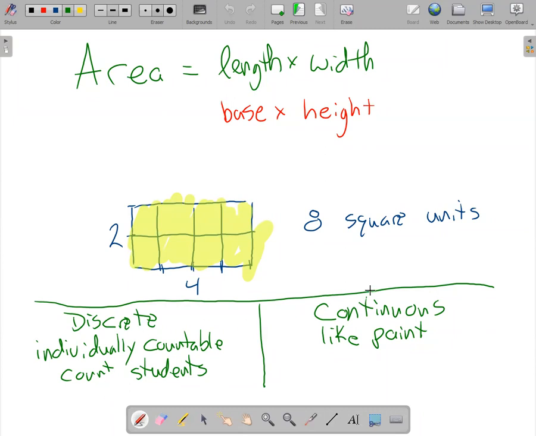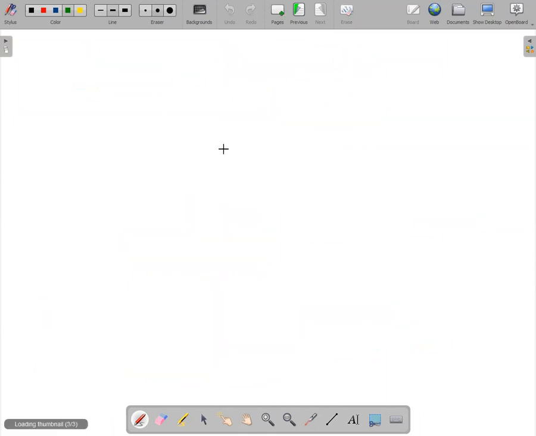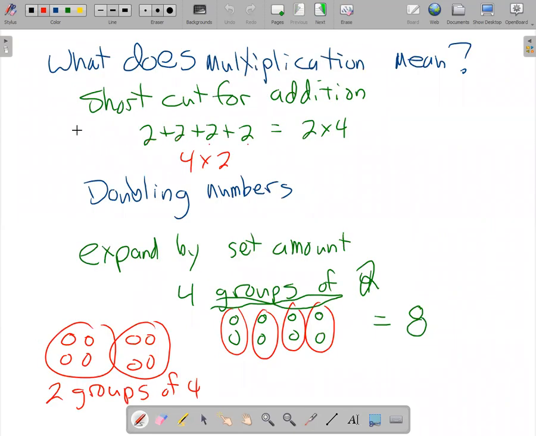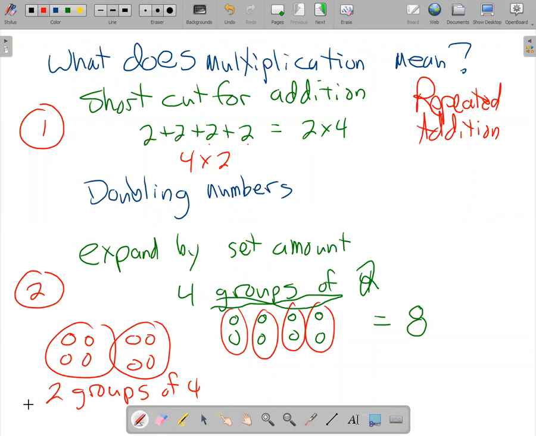Okay, cool. So we've got a few different models right now, so I'm just going to number these. Let's say our repeated addition here is model number 1. This over here, let's call that model number 2.